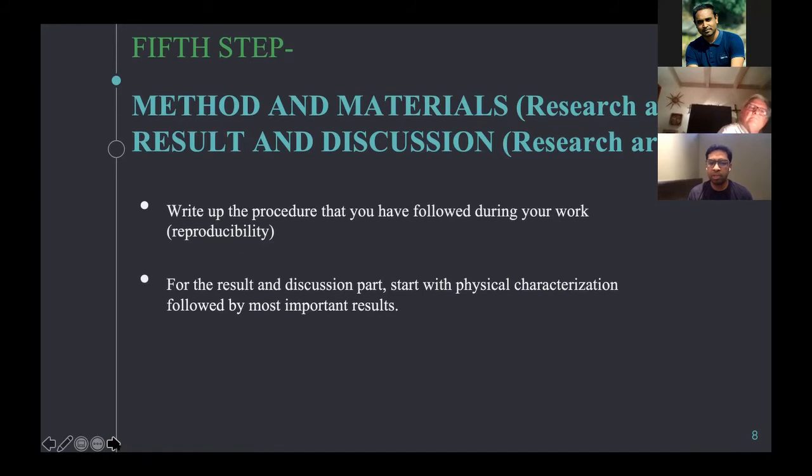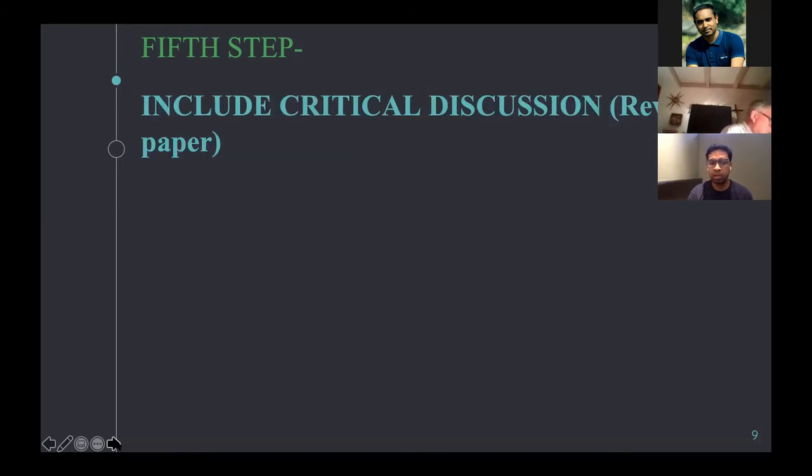So mostly in chemistry, we generally do some physical characterization, for example the material characterization, in the beginning of the result and discussion part. And at the end, we do some chemical characterization. So that chemical characterization is actually the confirmative test of our research article. So this should always be followed.